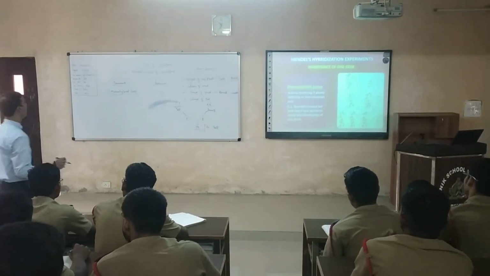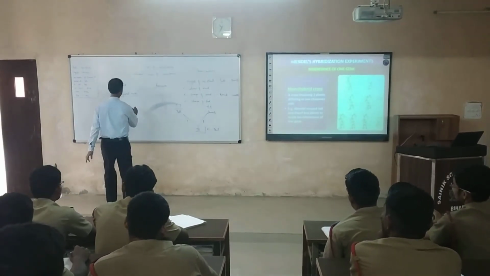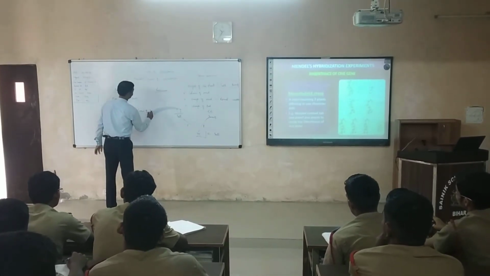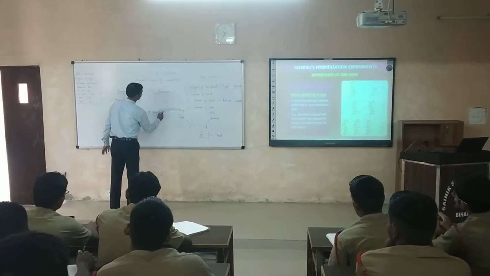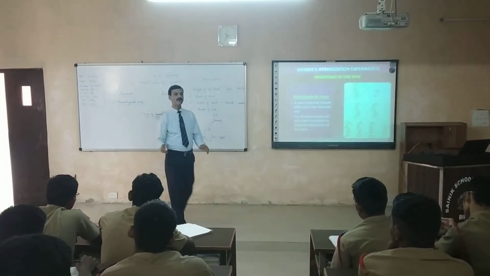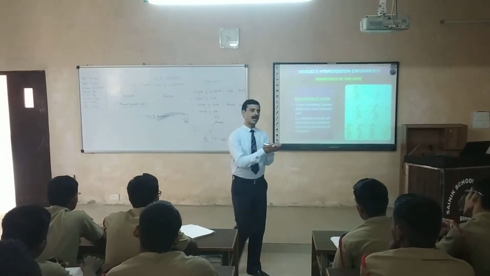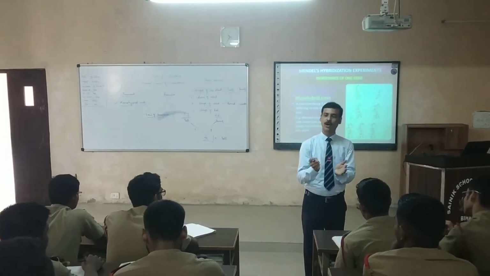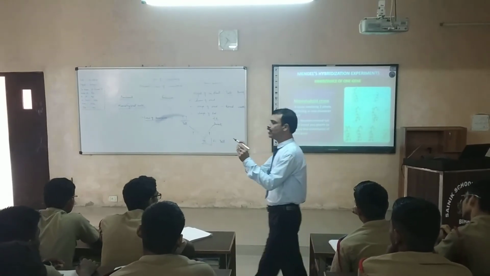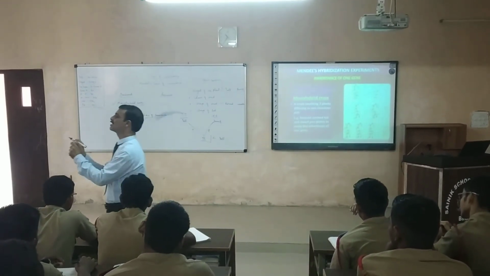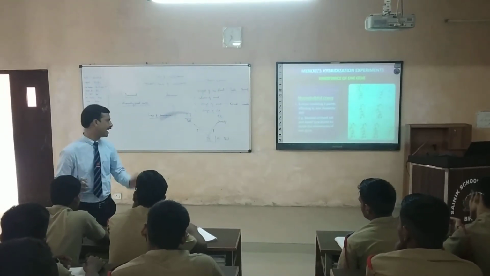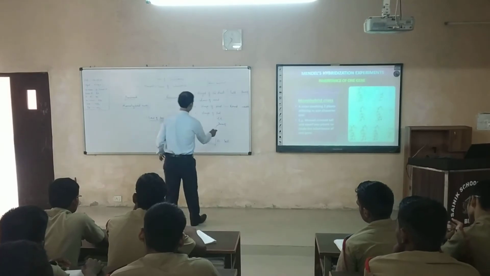Then he gave his first principle, the law of dominance. He told that in the first filial generation, the F1 generation, when we cross the tall and the dwarf plant, the dominant allele masks the recessive allele, and that's why the complete plant of that generation came tall.